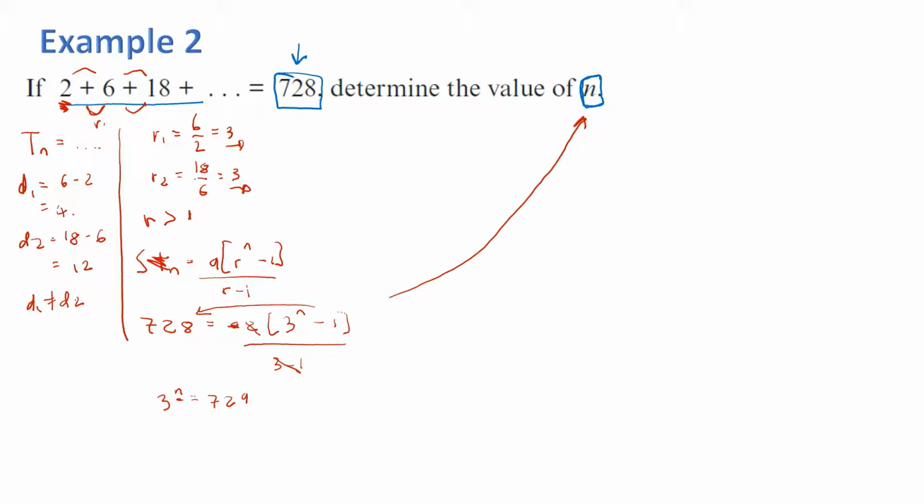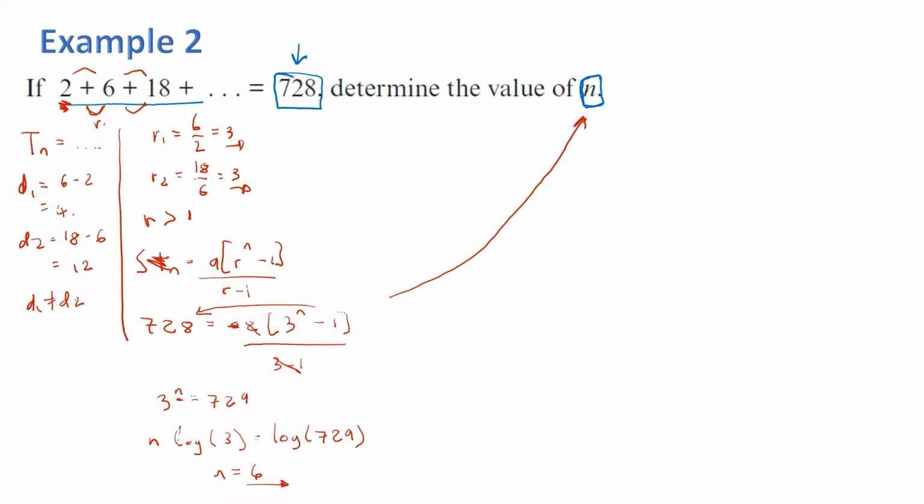Then using the exponent laws, I can get n log 3 equals log 729. And if you compute that, you get n equals 6. That's the answer.